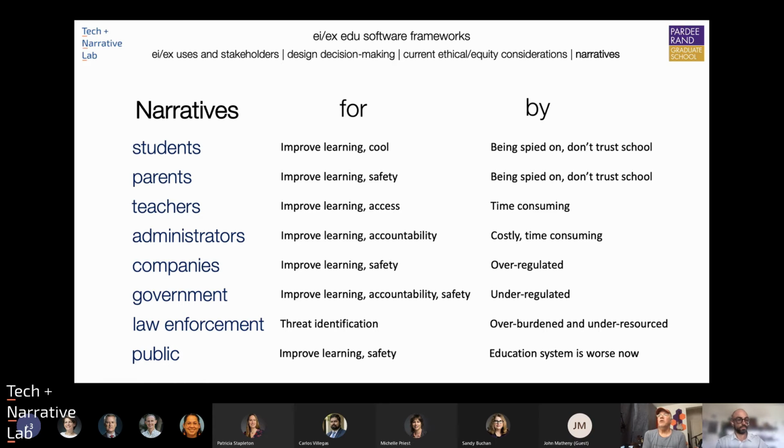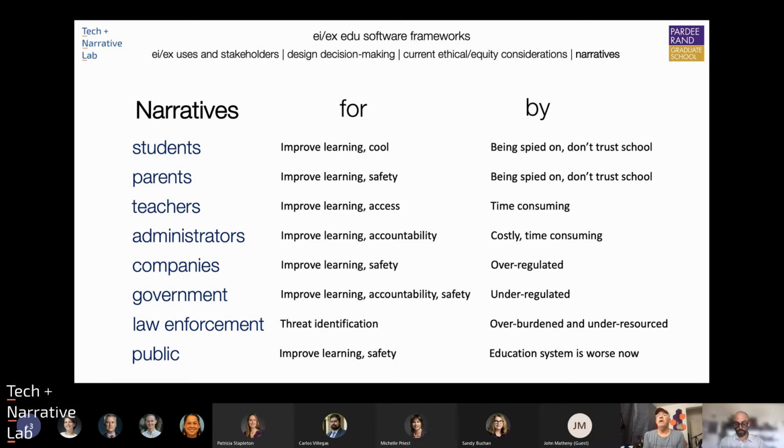So this is a little bit of an oddball, perhaps, way of doing things, but since it's a tech and narrative lab, what is interesting, we think, is as you start to think about these stakeholders, there's the technology, and then there's the narratives around the technologies, and there's the narratives around the processes.